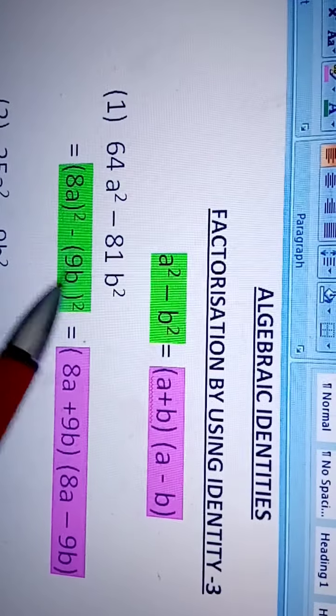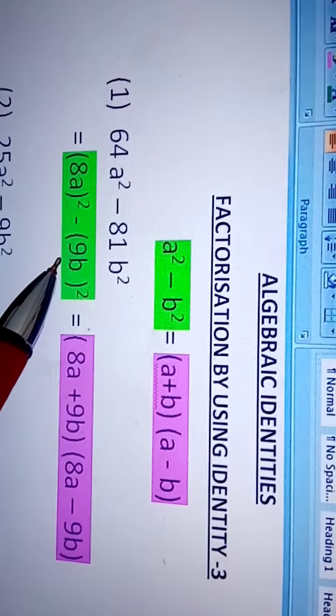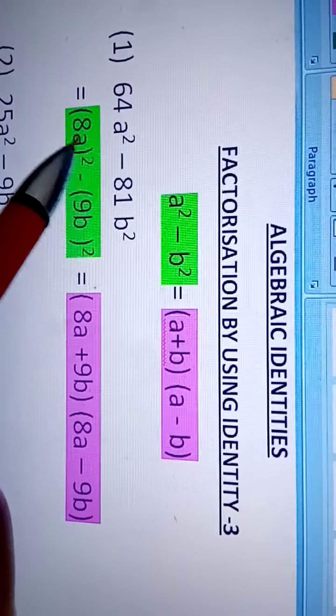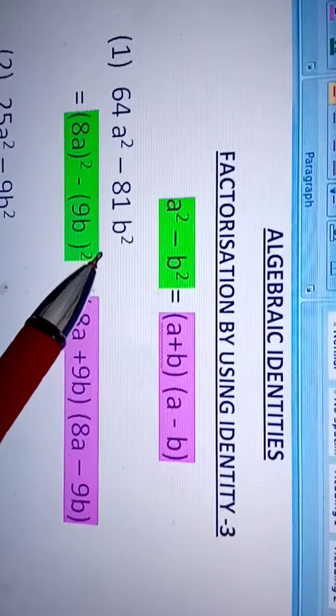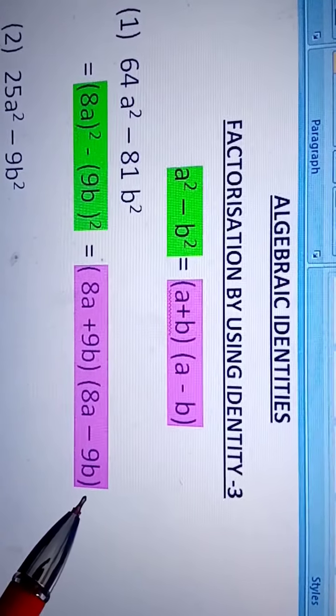Now compare the LHS part of this identity with your question. This is a square minus b square. Now the answer will be like this: (a plus b) into (a minus b).